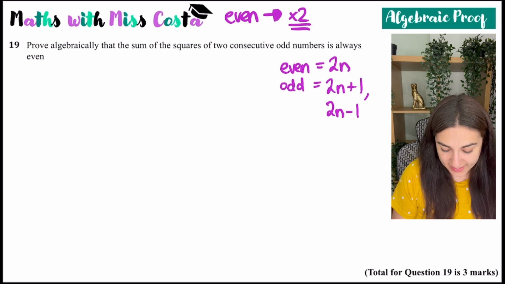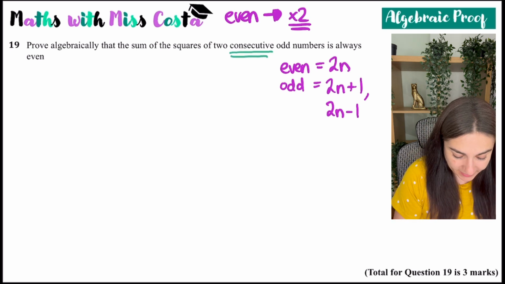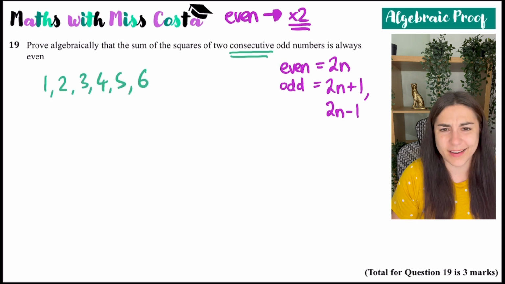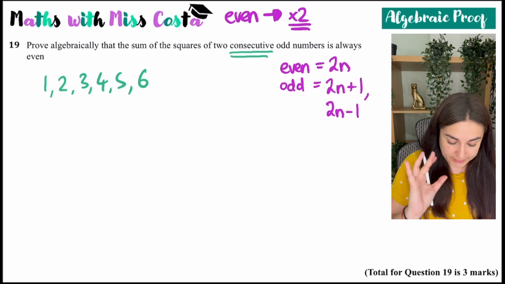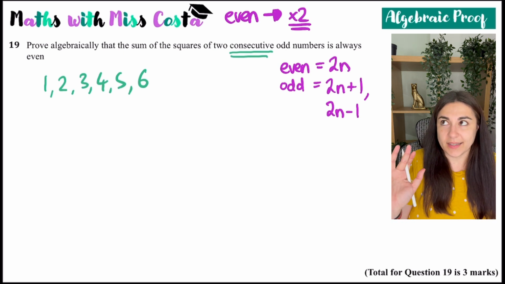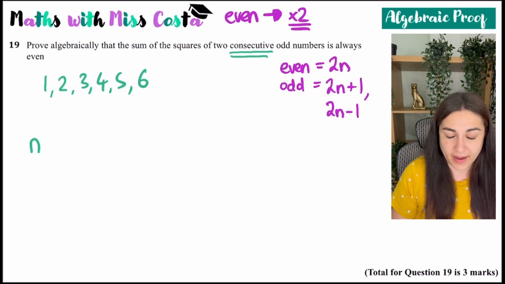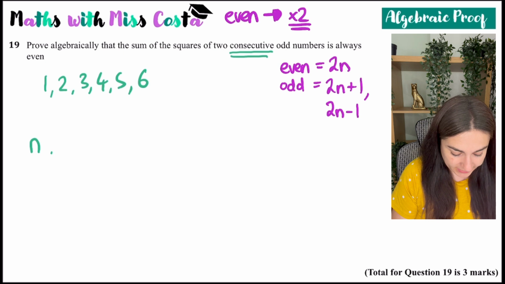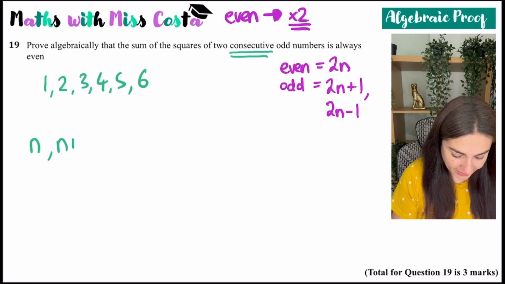Then the other thing is knowing what consecutive means. Consecutive numbers are literally numbers that are after each other on the number line. Any number could be n, I haven't been told whether it's odd or even, I'm just stating any number. Its next number, its consecutive number, would be n plus 1.